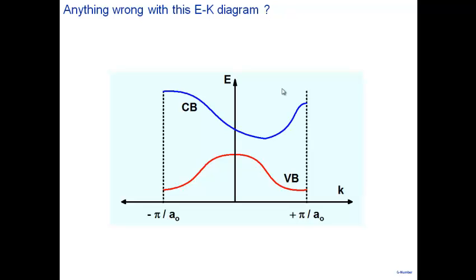We said the EK diagram has to be symmetric. Whatever happens for a positive K, the same thing must happen for a negative K. There's a symmetry in a crystal, there's symmetry in a lattice. So I can't have an EK diagram like this. This is wrong. It violates that symmetry.